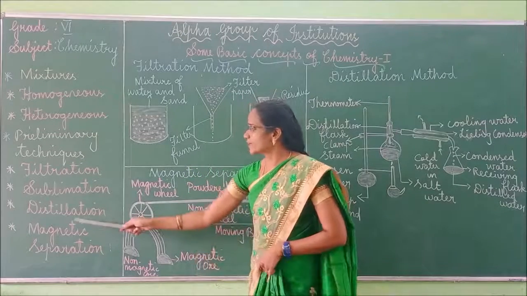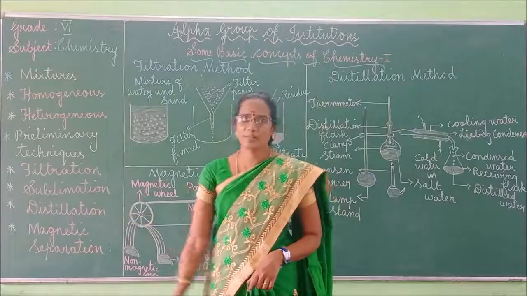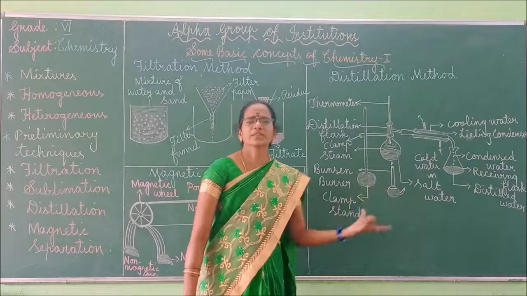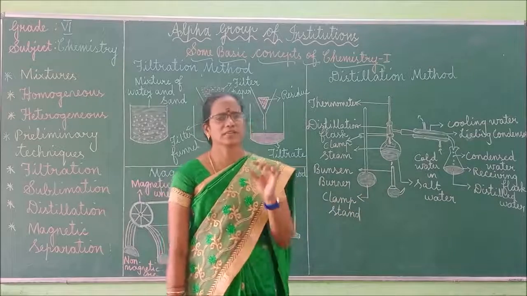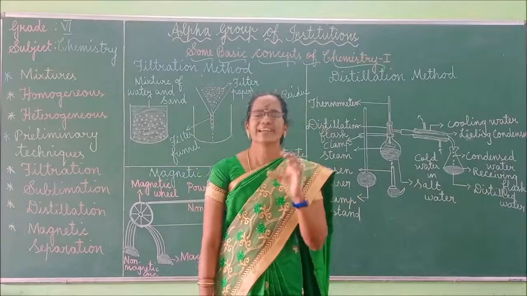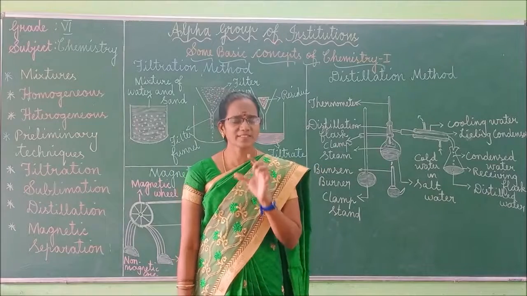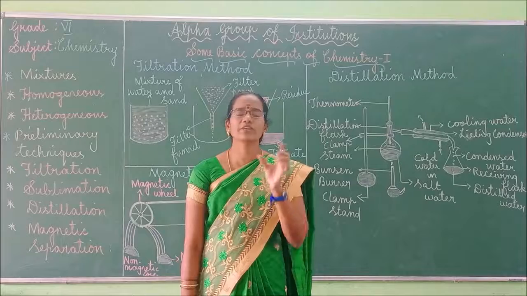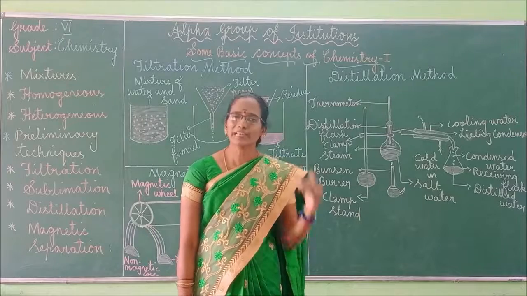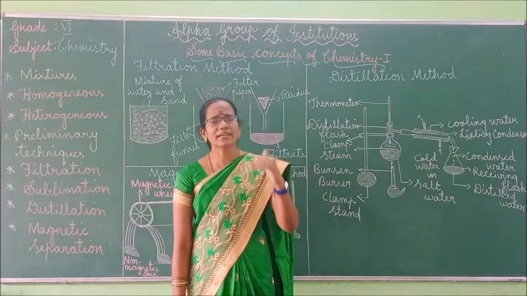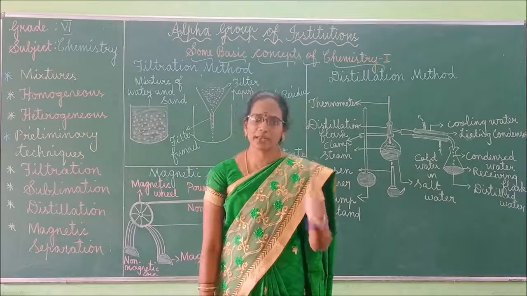Good. So next we can move to the distillation process. Look at this diagram. The distillation process is the process involving the conversion of liquid into vapor state, that is condensed back into liquid again.